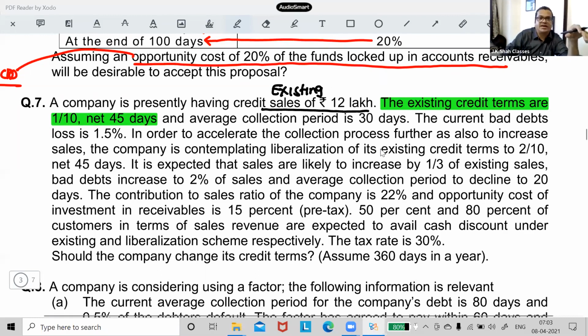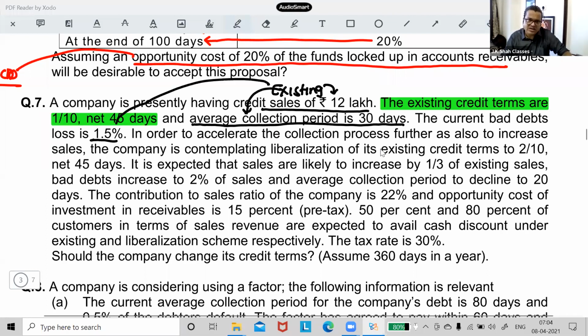The existing credit terms are 1 by 10 net 45 days, and the average collection period is 30 days. So this is the existing scenario. Existing sales and the existing average collection period are given. Then the current bad debt loss is 1.5%. This is all existing information.